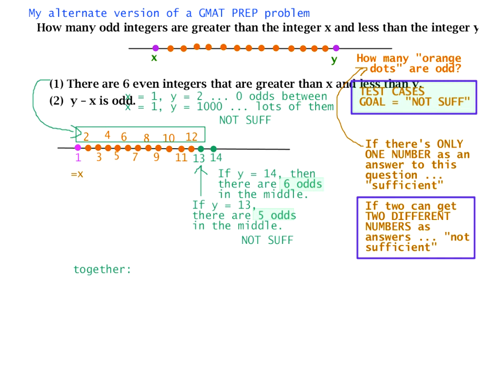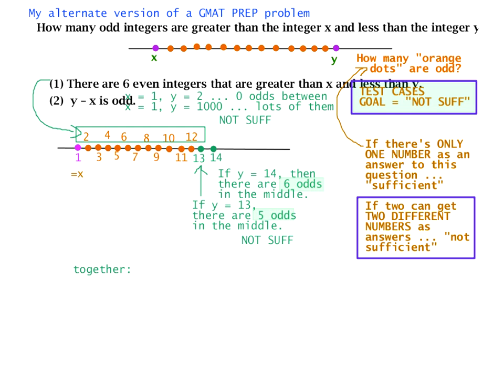Well, if we look at the example up here, these are your orange dots. If you want there to be 2, 4, 6, 8, 10, and 12 in the middle to satisfy statement 1, then you're going to be able to do that with 1 and 14. And you're also going to be able to do that with 0 and 13.